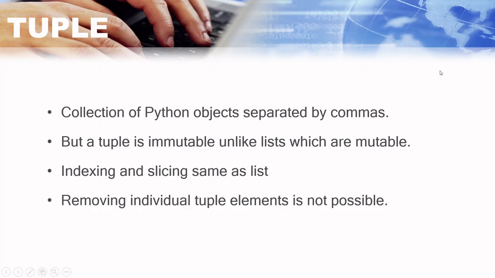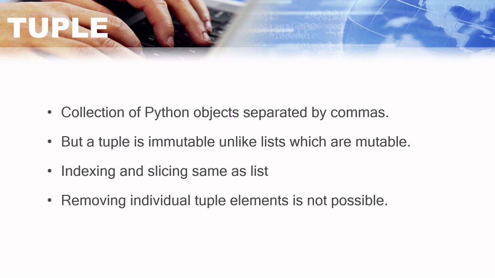Hey all, welcome back. In this session, we are going to discuss the next data structure, which is tuple. As we have already seen how lists work in Python, which is the basic data structure, now we are going to do something with tuple.